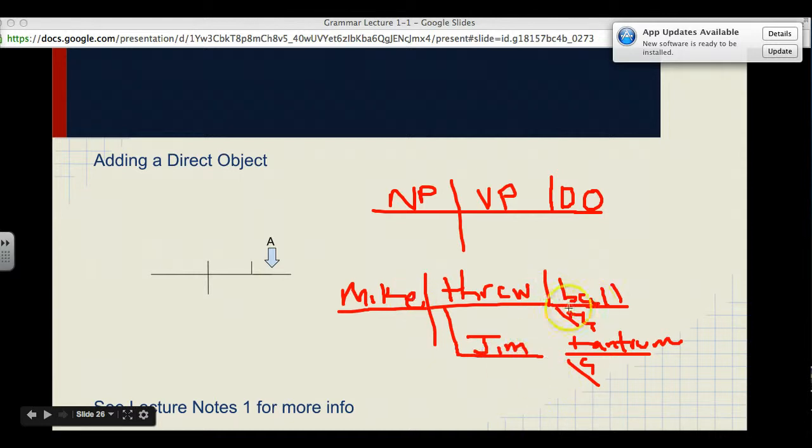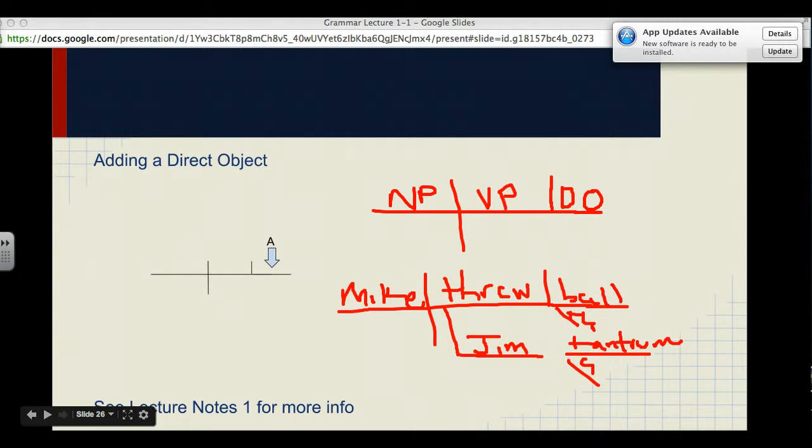The ball is still the direct object since it is the main recipient of the action of the throwing, and Jim only indirectly receives that ball. So we would diagram that on the line below the verb. Although, again, the only thing I'm going to be concerned with you knowing for your Grammar 1 quiz is this noun phrase, verb phrase, direct object sentence diagram.